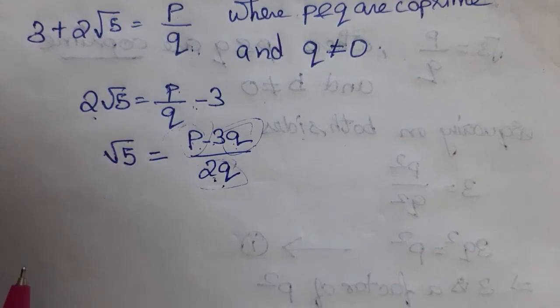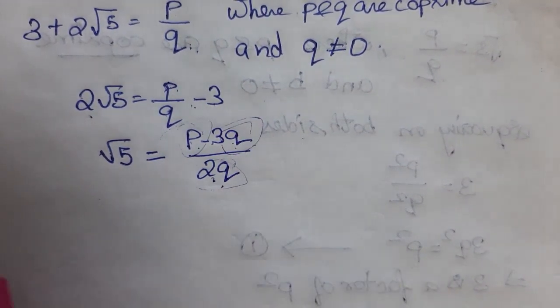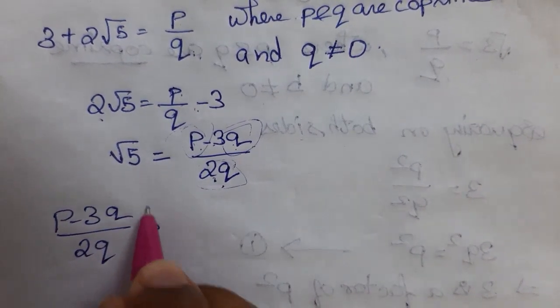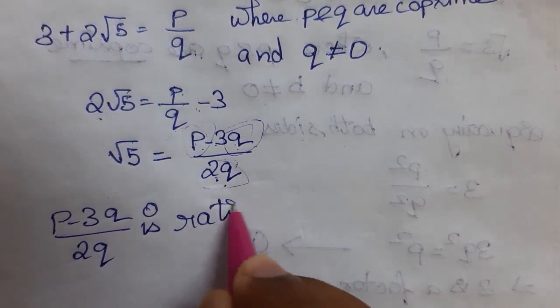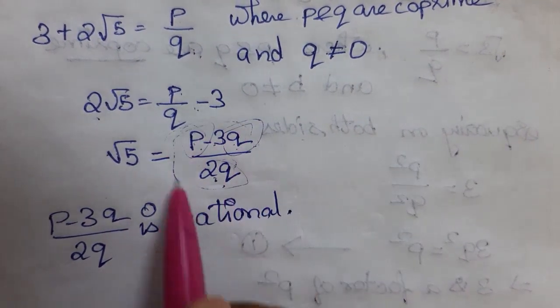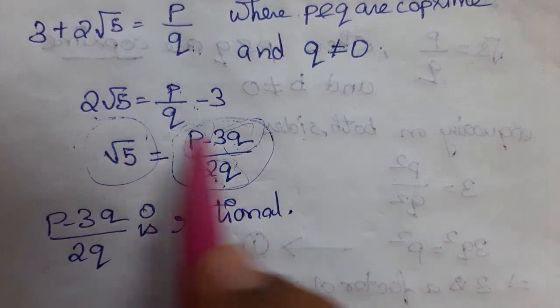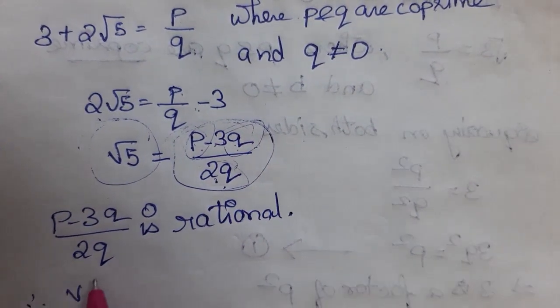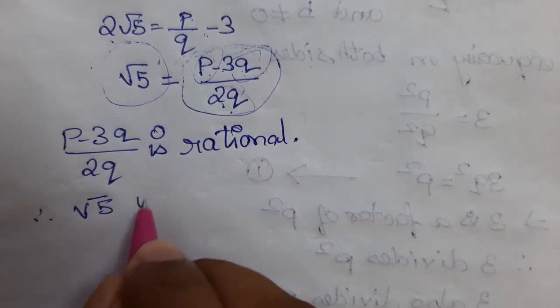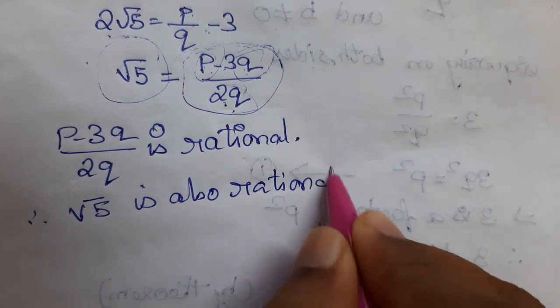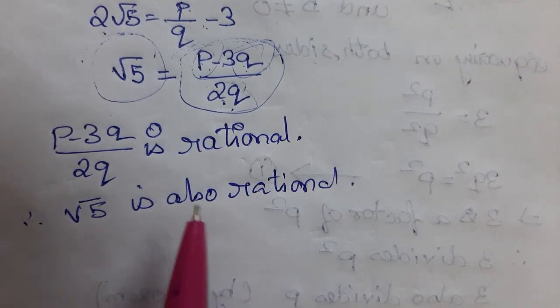Therefore p minus 3q by 2q is rational, right? So if it is rational, what happened to root 5? Therefore root 5 is also rational, but it contradicts our fact, right?